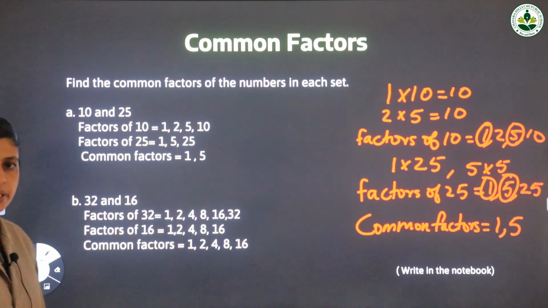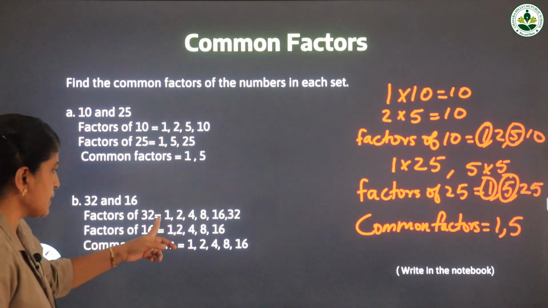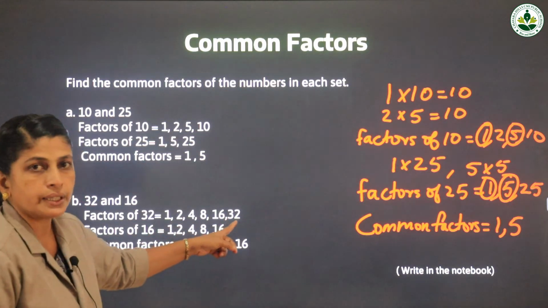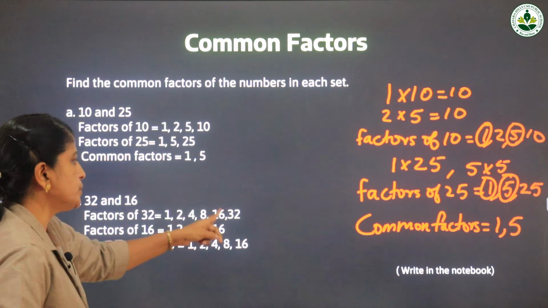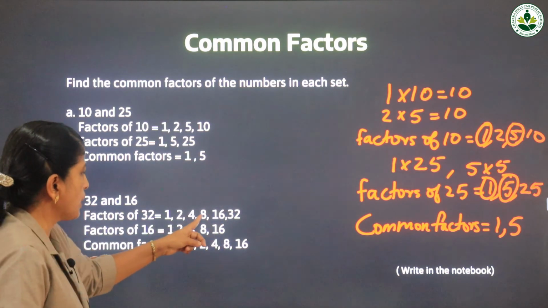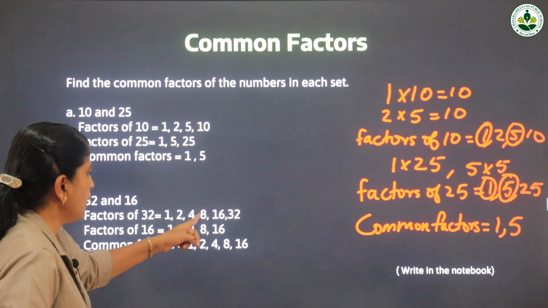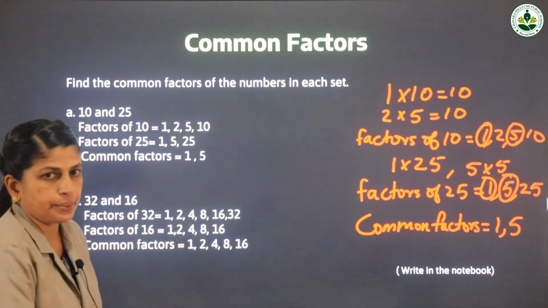Then 32 and 16, find out the factors of 32. The factors of 32 are 1, 2, 4, 8, 16 and 32. How did we get this? 1 into 32 is 32, 2 into 16 is 32 and 4 into 8 is equal to 32. That's why 1, 2, 4, 8, 16 and 32 are the factors of 32.